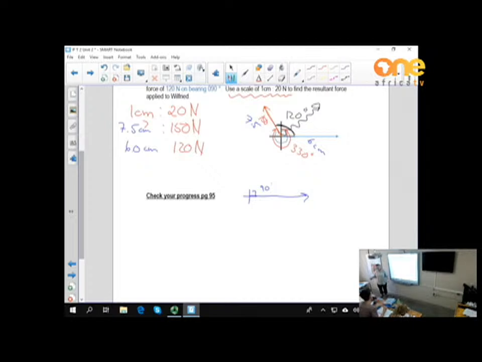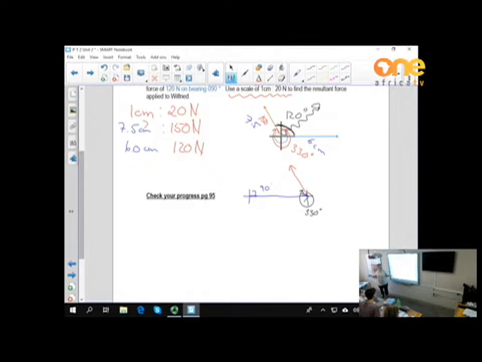Now, the second step, you need to indicate the direction, so we need a little axis perfectly drawn on the tip of that one. And now we need to measure an angle of 330 degrees. So we measure an angle of 330, and there it goes. Remember, this angle there is going to be 330 degrees.